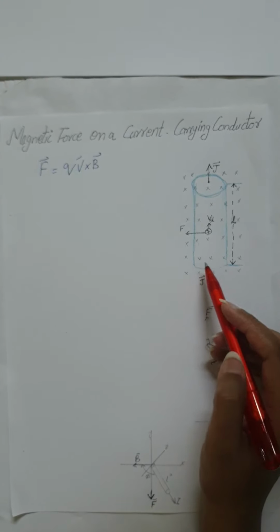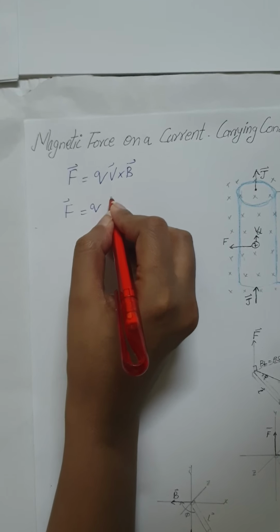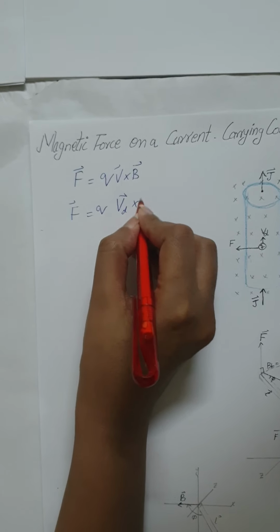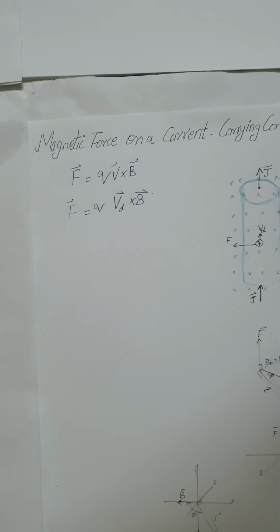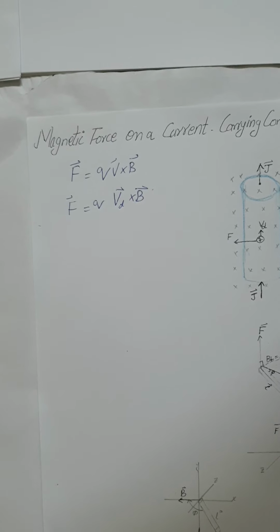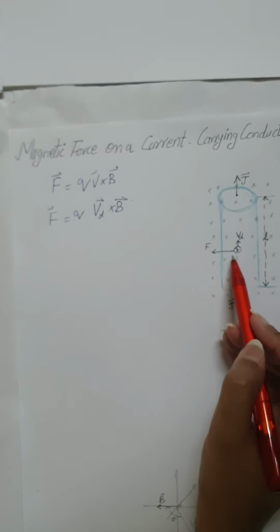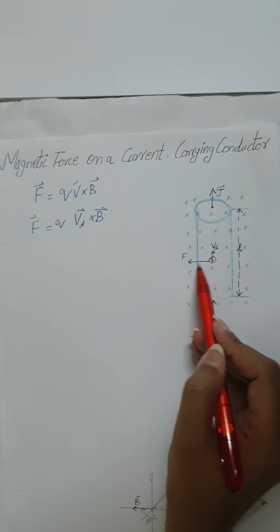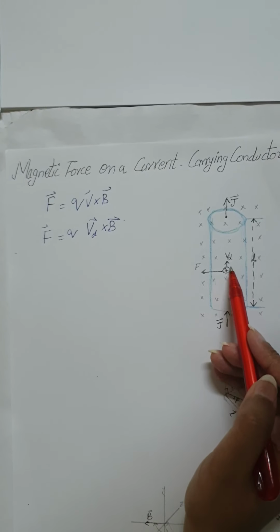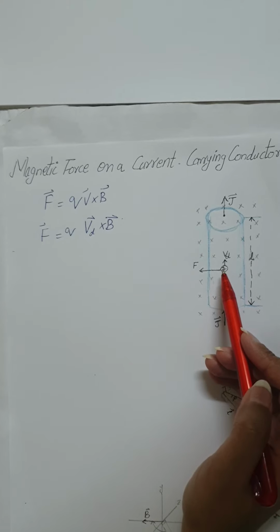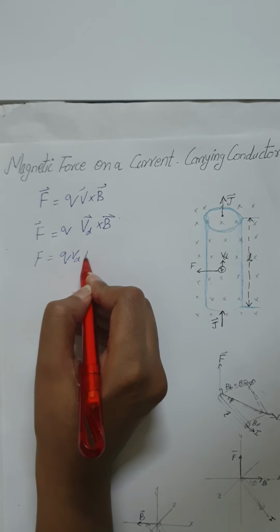The average force on each charge is directed towards the left side. Since v_d and B are perpendicular, the magnitude of the force is given by F equal to q v_d B.